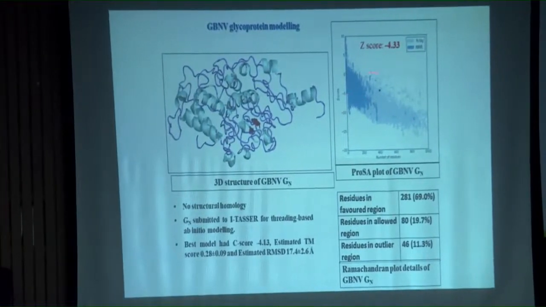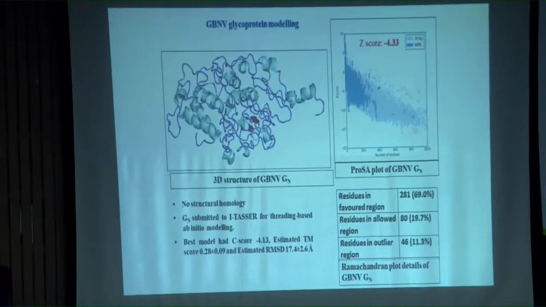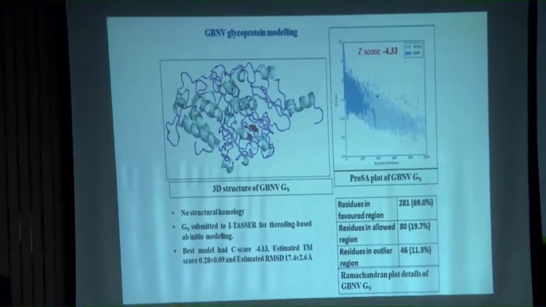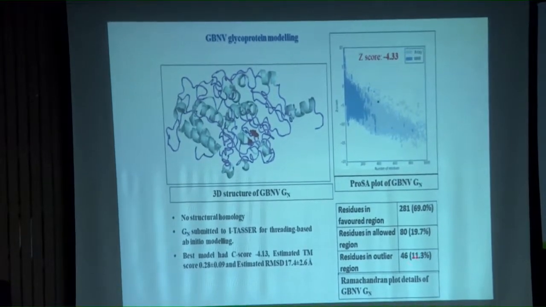If your protein falls within this picture, that indicates your protein is more or less available in nature or has a little bit of similarity. If it is in the middle, it is very strong. Here it is coming at the boundary, so we can accept it, but it's not a very good structure.